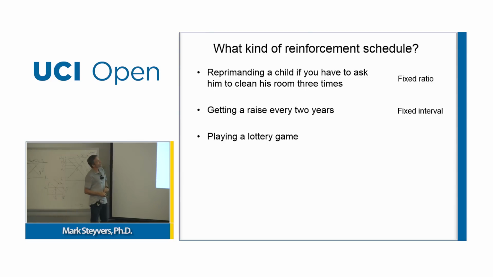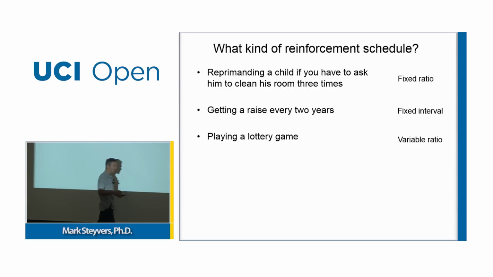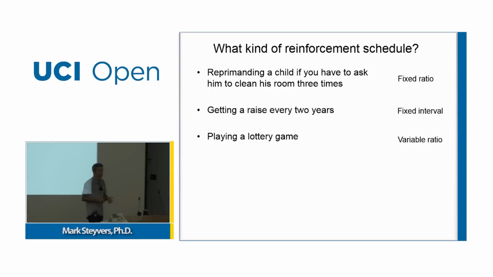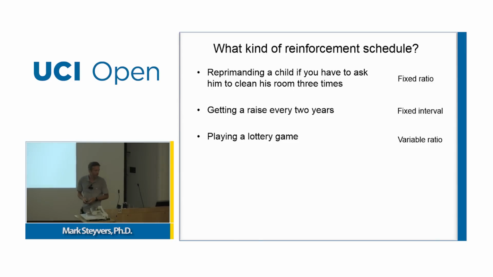Yeah. So playing a lottery game, that's variable ratio. Whenever you pay money for a lottery, there's some probability of getting some return, so over time there's some mean return, but sometimes you win, sometimes you lose, so there's some unpredictability here.